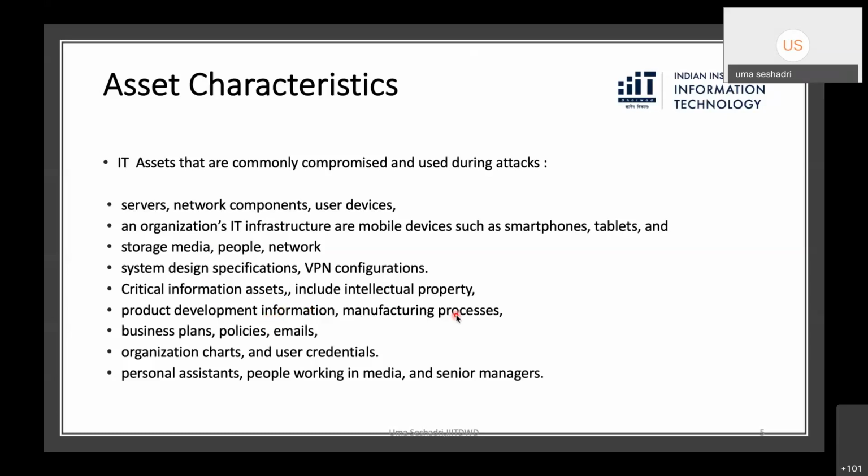Manufacturing process itself is a patented process. So again, the process is documented somewhere. So somebody can also steal that process itself. Business policies and emails, again, they are very important digital assets. So when you come across these assets, it is not just network, servers, or the user devices.